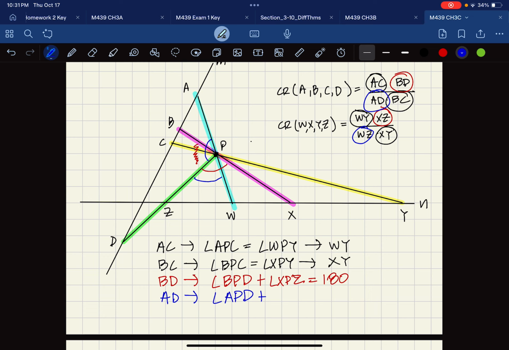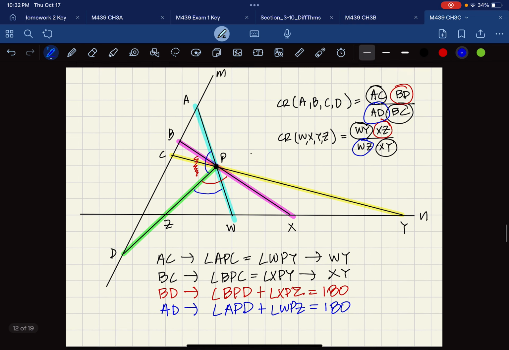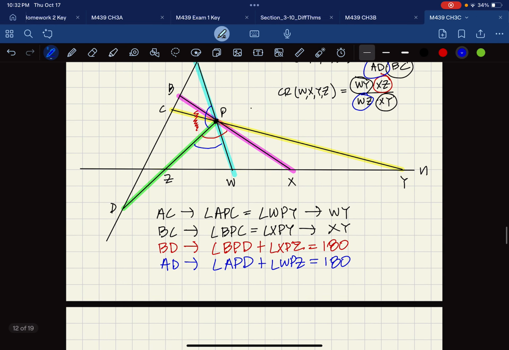So it's plus WPZ equals 180. So it doesn't quite work out the same when things cross up. Instead of getting equal angles, we get some equal angles, like these ones, and other ones where the angles, instead of being equal, are just supplementary.